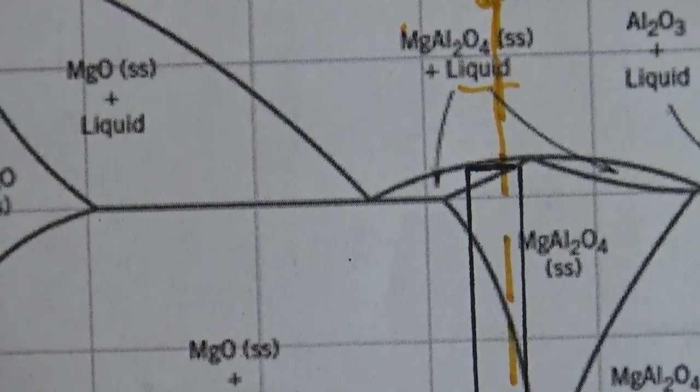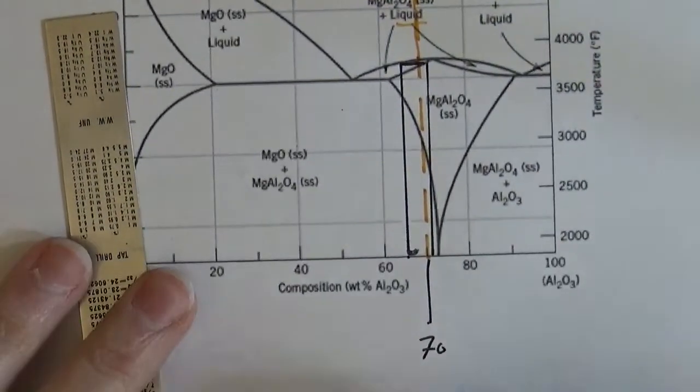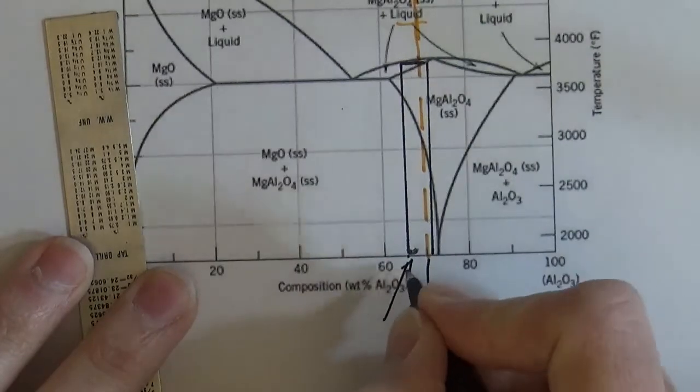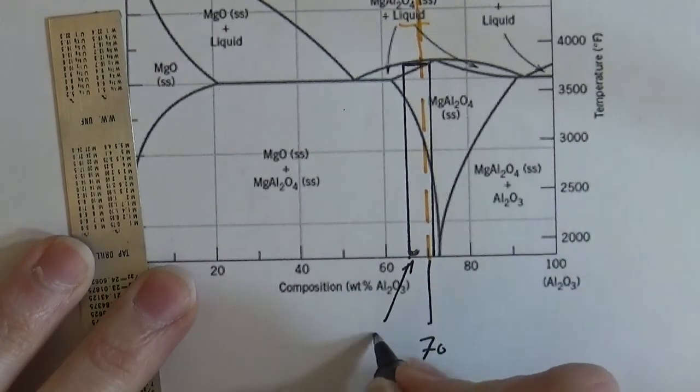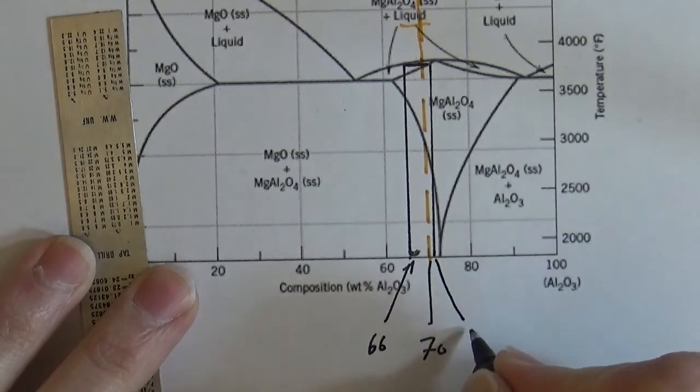So that is, let me zoom out, 70. That is like 66. And that is, say, 72.